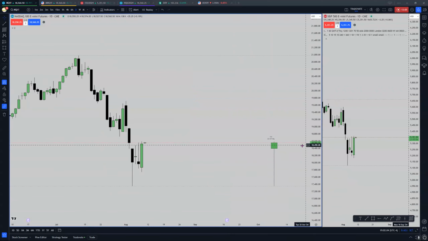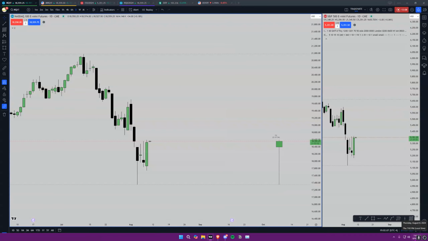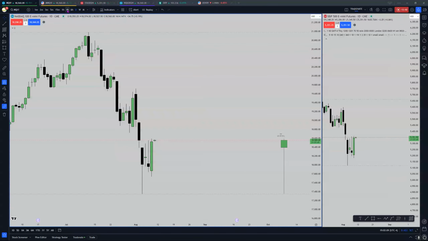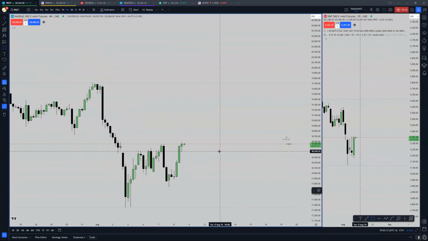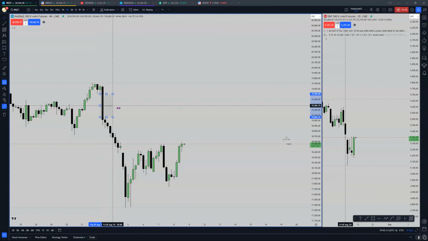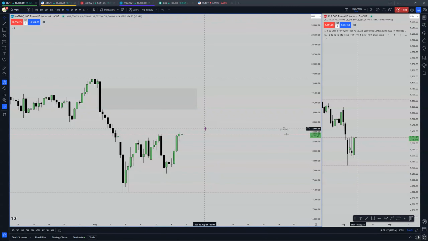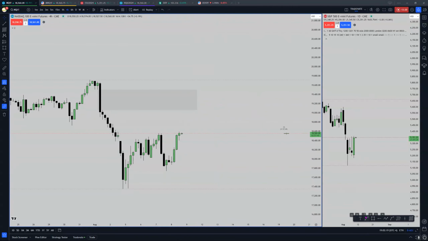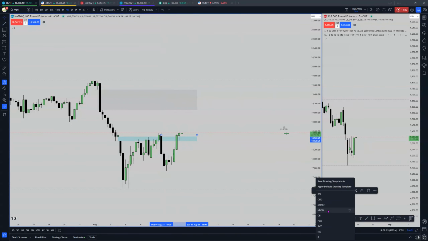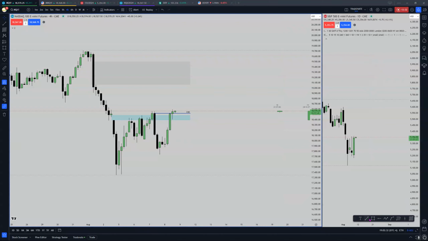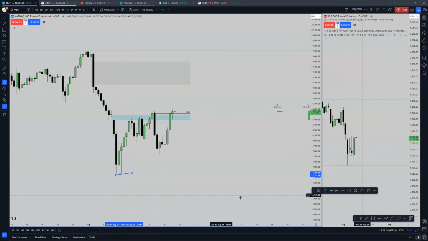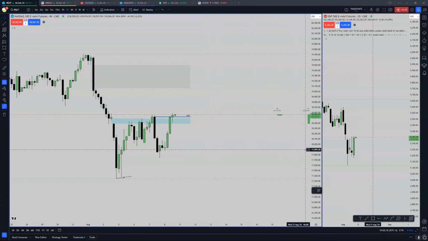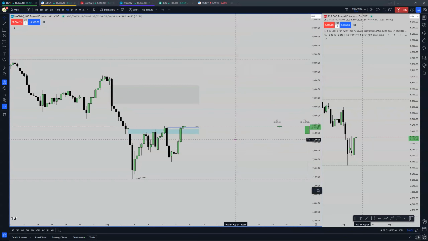But heading into tomorrow, Friday, August 9th, I would like to see this fair value gap by either tomorrow or next week, since we got the full body closure on the 4-hour through this new week opening gap, and we also changed the state of delivery, and we have SMT. So heading forward, this is what I would like to see.